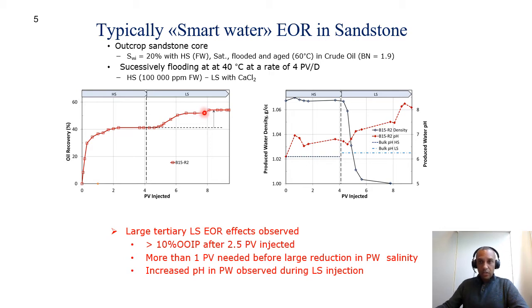In addition to that, we can observe an increment in the pH in the water effluent. This increment in pH is what triggers the wettability alteration processes. That reduces the adsorption of crude oil on the surfaces, and then oil is accumulated and it can be pushed out of the core in this case.